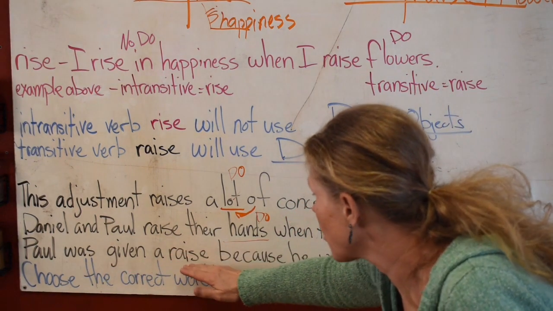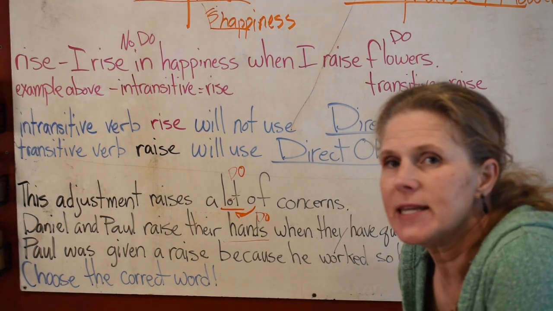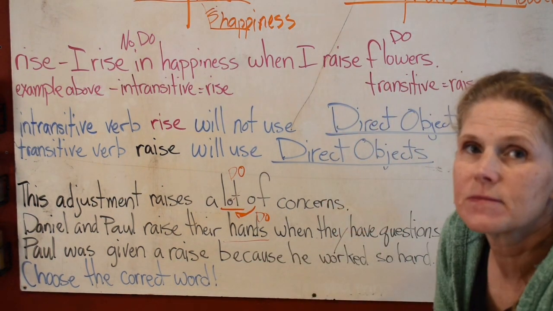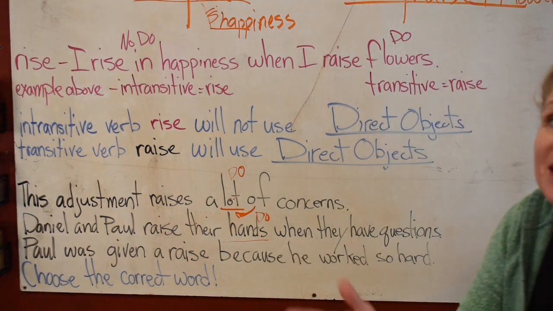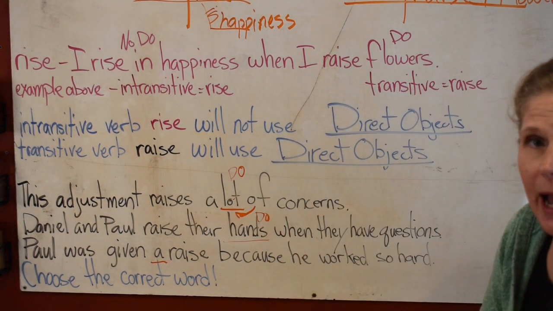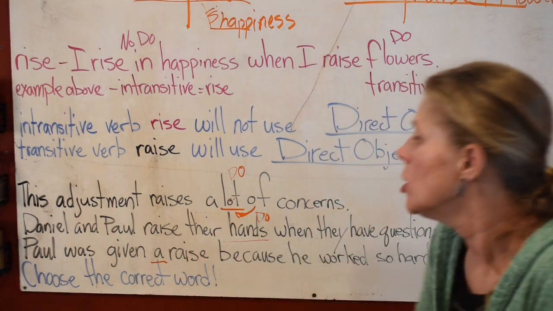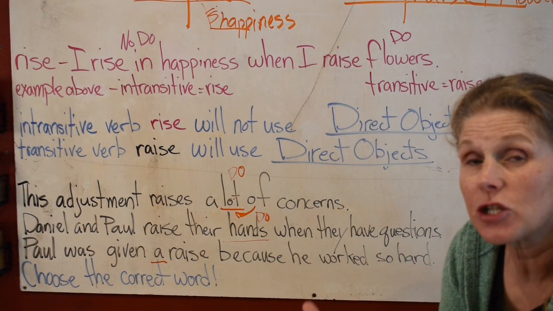Paul was given a raise because he worked so hard. Now, raise in this one, what is this raise? That's a noun. That's a noun. Nice job, Daniel. Right here it tells us, boom, you're a noun. This A, because it's an article, it's telling us that that's a noun. So you need to remember that have nouns.